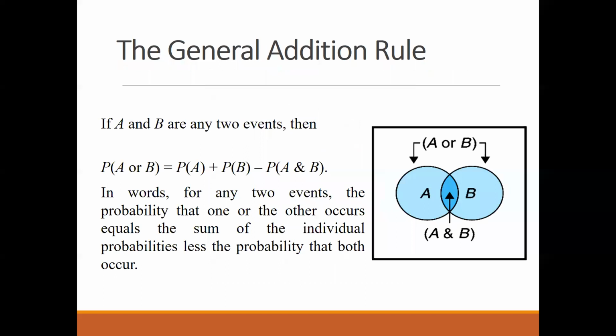So if A and B are two events, then P(A or B) equals P(A) plus P(B) minus P(A and B). In other words, for any two events, the probability that one or the other occurs equals the sum of the individual probabilities less the probability that both occur.